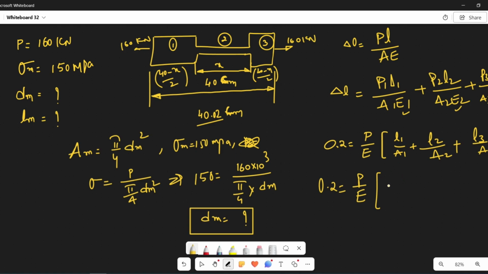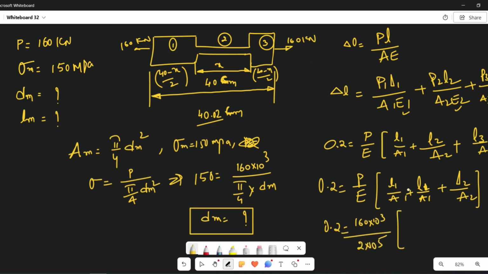By the way, these areas we can also write. Let us say L1 by A1 plus L3 by A3 can also be written as 2 L1, since L1 and L3 are both equal and A3 can also be A1. Then L2 by A2.